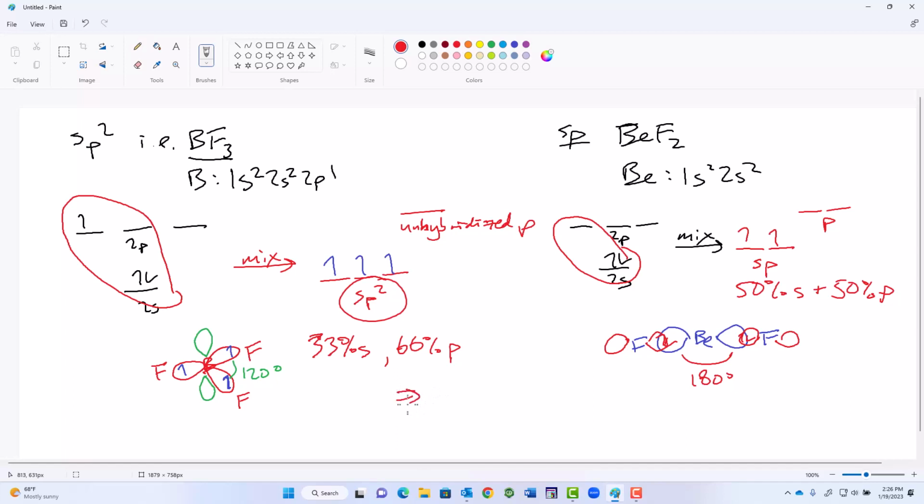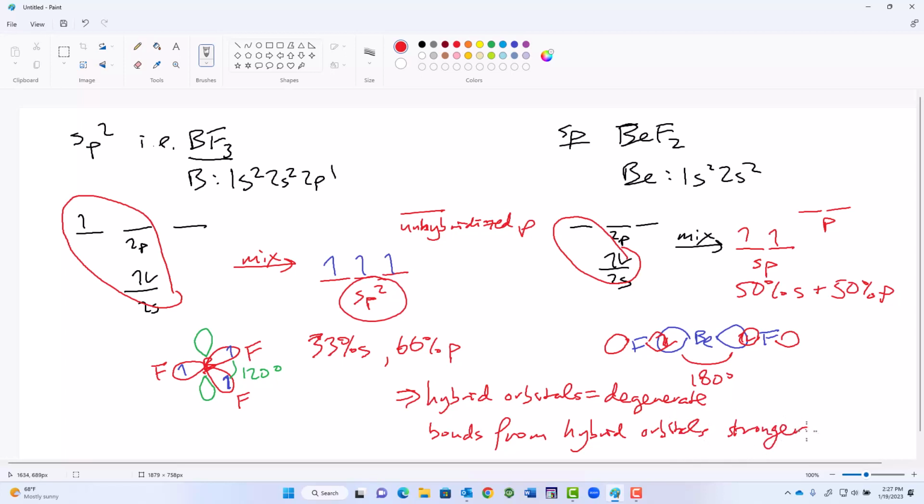Just things to note, hybrid orbitals are degenerate, meaning they are at the same energy level and they are equally preferred. So there is no preference for one over the other. They are equal in energy. And note that bonds from hybrid orbitals are stronger than those from unhybridized orbitals.